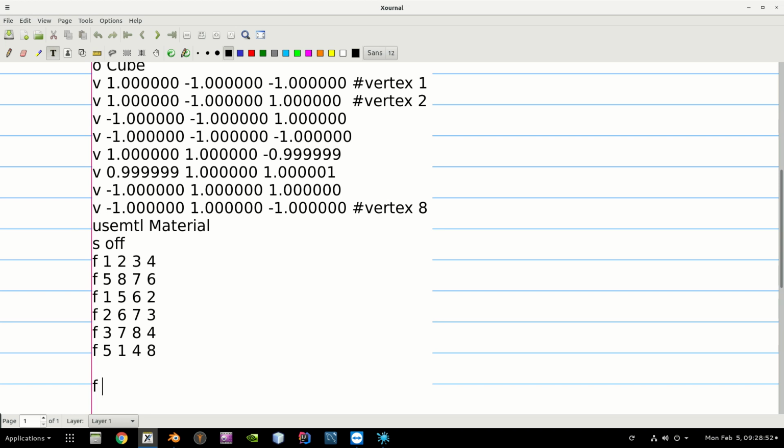So why not write it in this format? 1.0, 1.0, 1.0, let's say that's the first vertex. Or actually, let me copy it from here. 1, minus 1, minus 1, that's the first vertex, right? And the second vertex we have is 1, minus 1 and 1. Then we have minus 1, and 1.